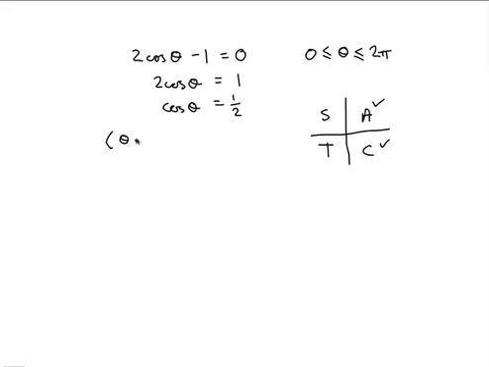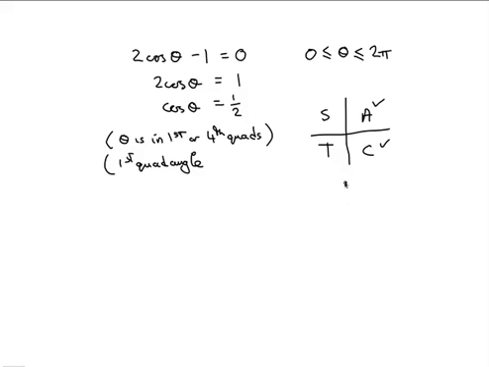So we know that theta is in the first or fourth quadrants. What's the first quadrant angle? It's the angle whose cosine is 1/2.